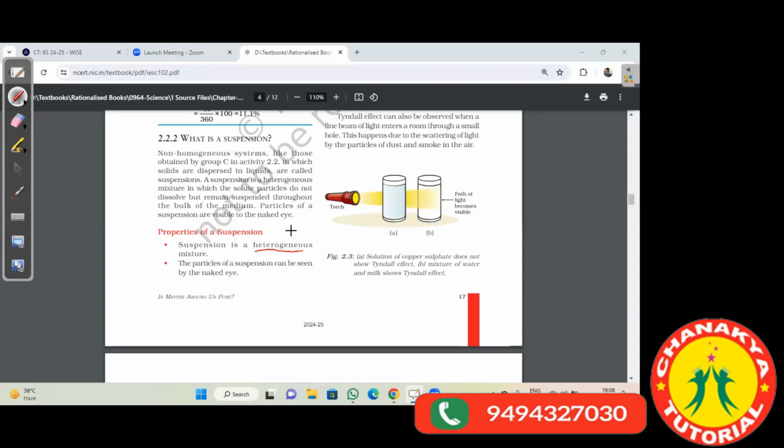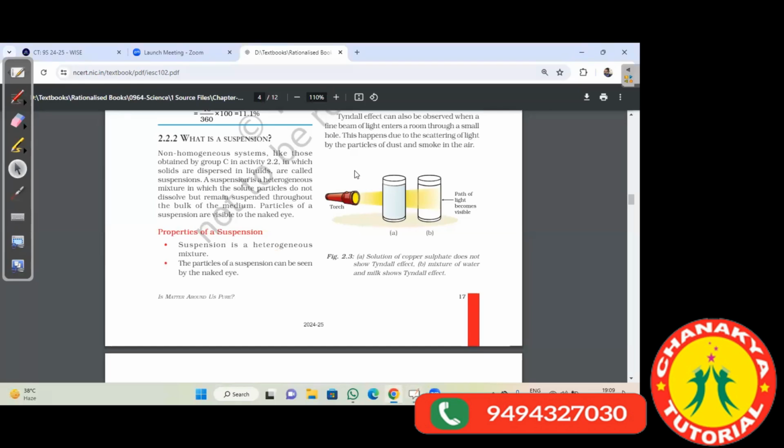When the particles are not uniform, then we call them heterogeneous mixtures. So suspensions are heterogeneous mixtures, and the particles of a suspension can be seen with the naked eye. The particles of a suspension are of the size of a few millimeters. So these particles can easily be seen by your naked eye.